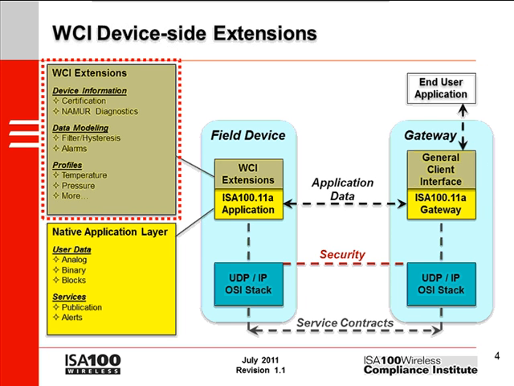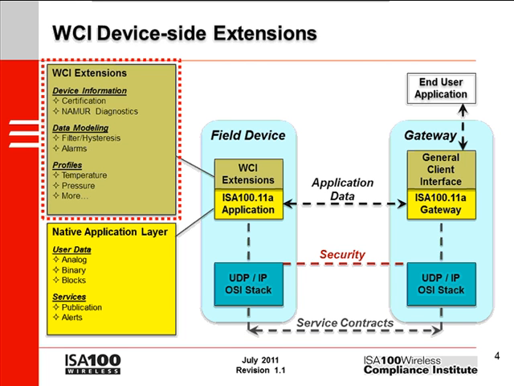Okay, on the upper left of this diagram, we show some WCI extensions to the ISA100 standards. These extensions include some codes that link the device to its certification. They include some diagnostics, as recommended by NAMUR NE107. They include some basic data modeling, especially related to alarm.